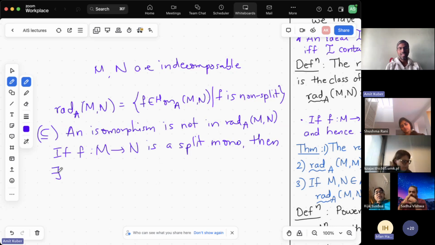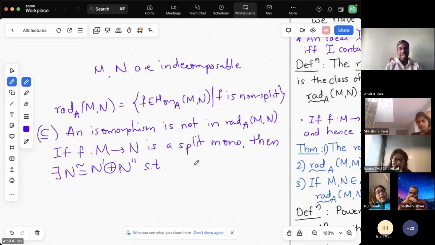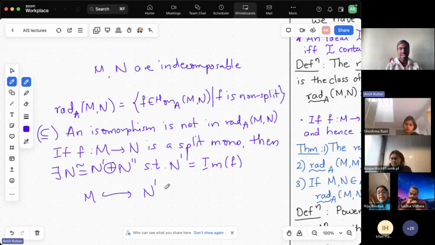Then there exists N isomorphic to N dash direct sum N double dash such that N dash is equal to the image of F. So what I'm saying is this, that N is isomorphic to N dash direct sum N double dash, and N double dash plays no role whatsoever.